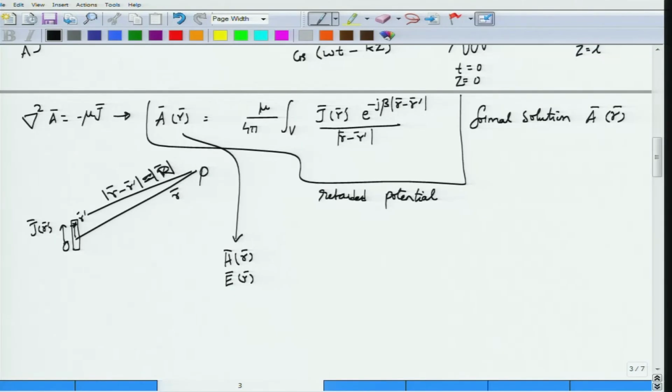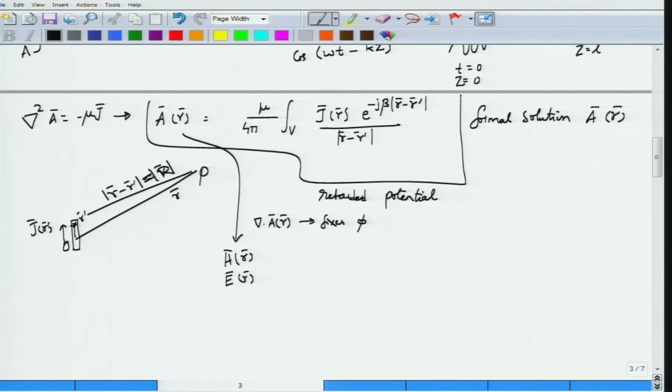Phi of course also has a similar equation, but if there are no free currents, then phi can be taken to be 0, and in any case we take phi as not of consequence, because we can fix this phi by writing this del dot A of r condition. So this actually fixes the scalar potential phi.